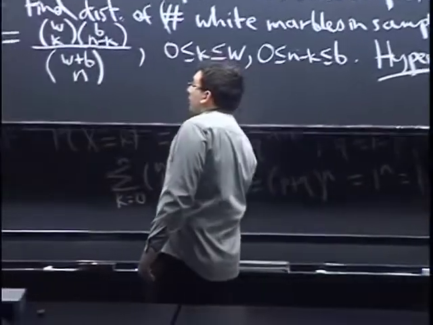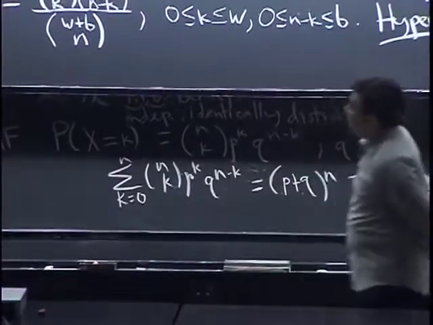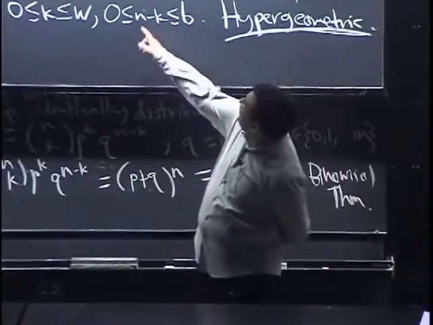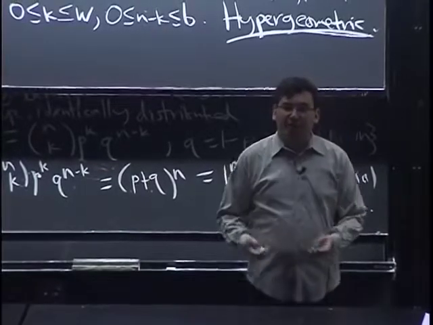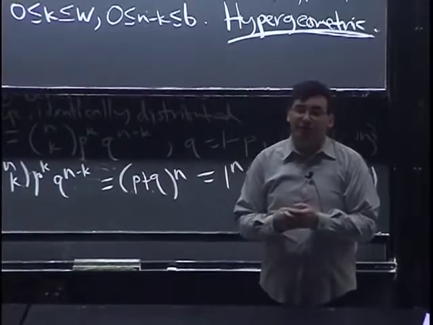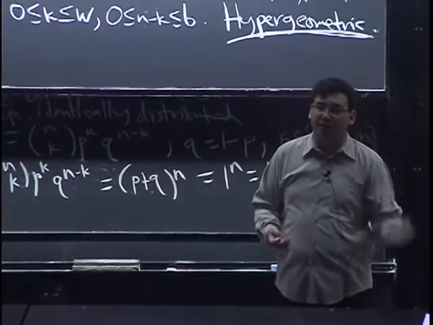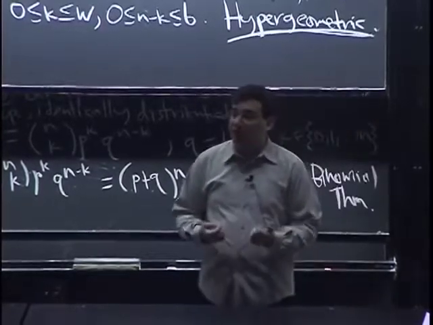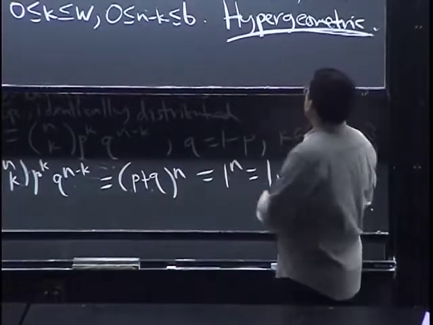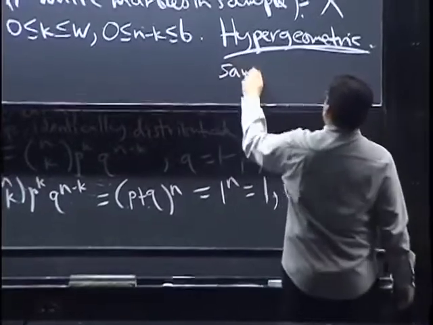Now, that's not a binomial. I was imagining grabbing the marbles all at once, but if you want, you can imagine picking one at a time. The key is that it's without replacement, right? You're sampling without replacement here.